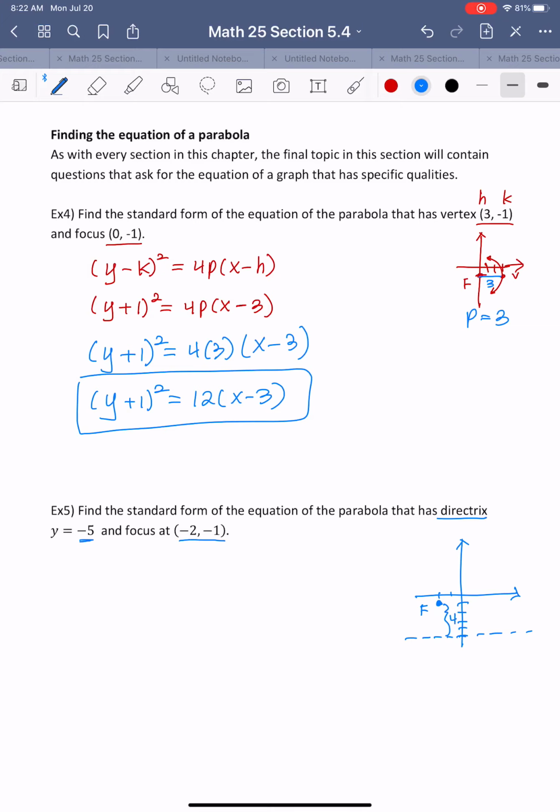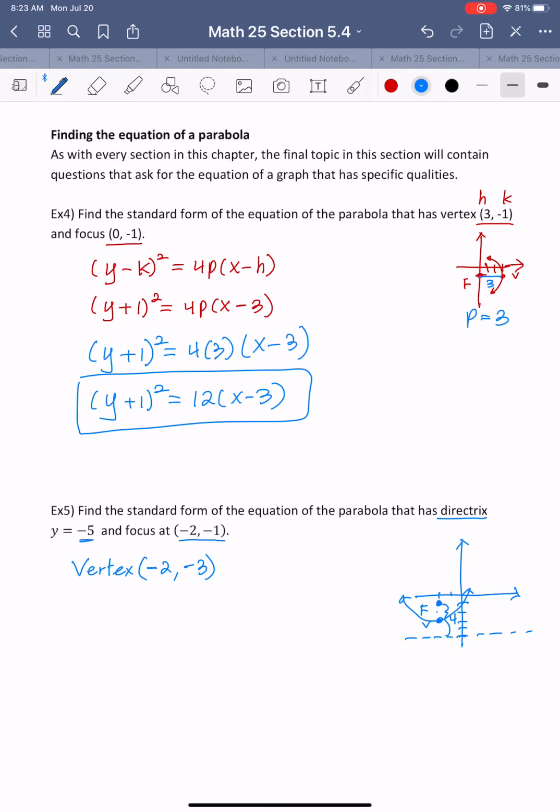So half of 4 is 2. So if you go down 2 units, then this should be the place of the vertex. Okay, so the vertex x is -2, but you need to go down 2 units from -1, so -3. So this is actually the vertex. And then your parabola goes this way.